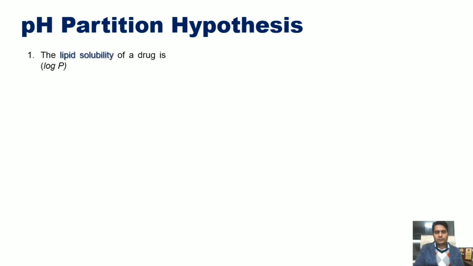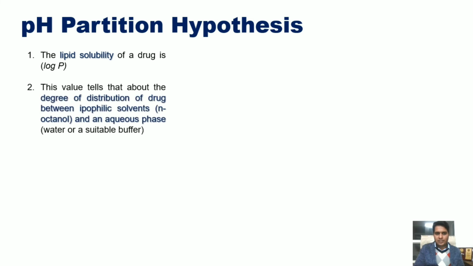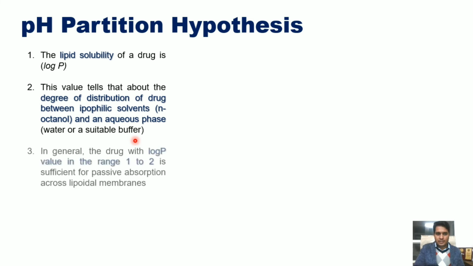Now, the lipid solubility of a drug is known as log P, as we all know, and this value tells about the degree of distribution of the drug between a lipophilic solvent and the aqueous phase, that is water or a suitable buffer. In general, a drug log P value in the range of 1 to 2 is sufficient for passive diffusion or passive absorption of the drug.